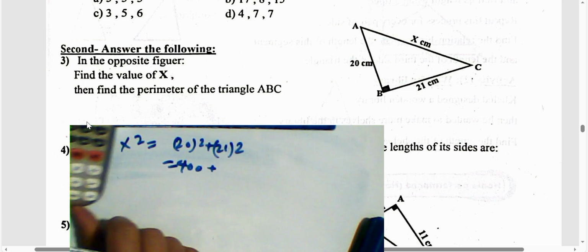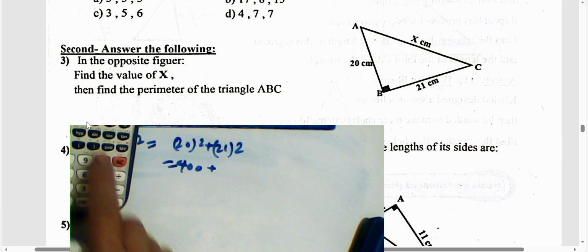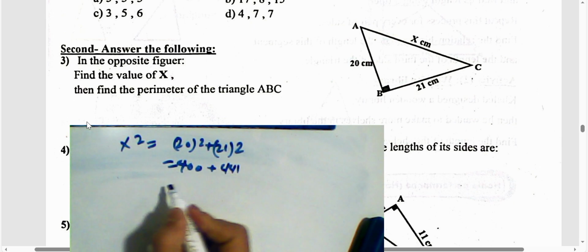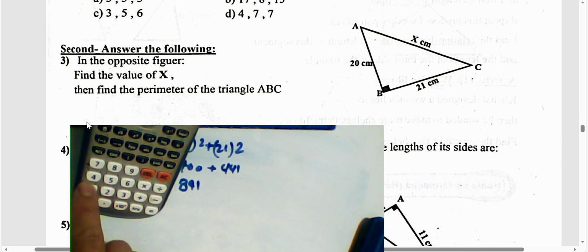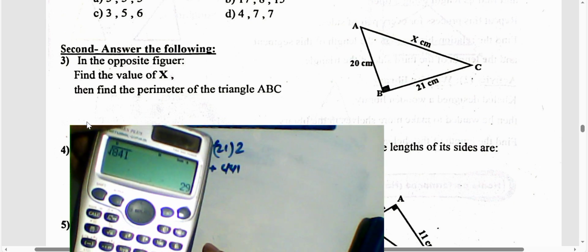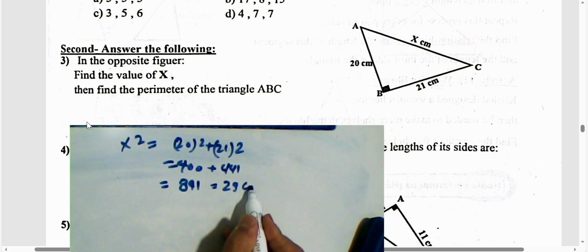In your calculator, 21 power 2 is equivalent to 441. You can add them together, the result will be 841. You can find the square root, then the square root of 841 will be 29. The answer will be 29 centimeters.